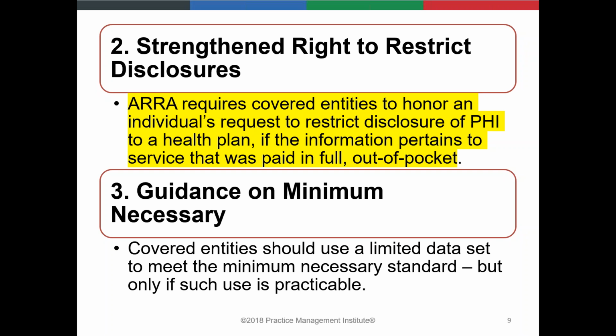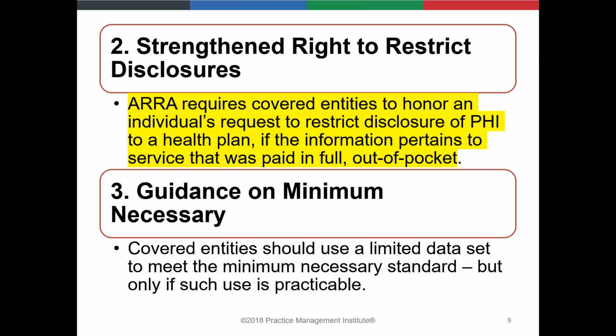And so this is very significant for doctors who are in network with an insurance company like Blue Cross Blue Shield, okay? And I know that you guys are only in network with Medicare, so this does not apply to Medicare, but this applies to other health plans like Blue Cross Blue Shield.